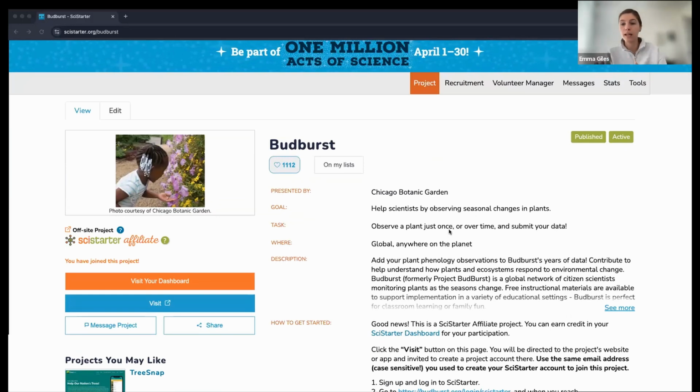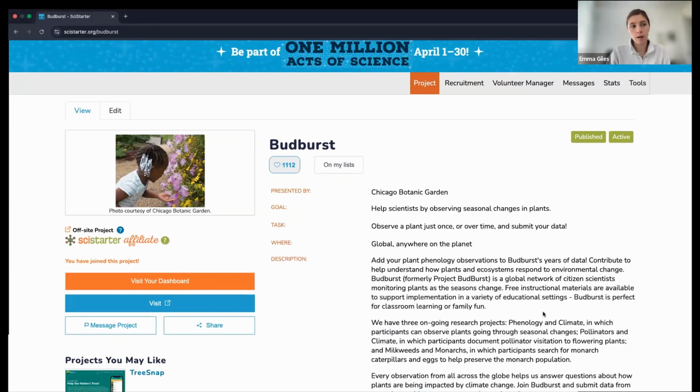So you're observing plants, and just like on ISeeChange, you can also adopt a tree, like you pick out a tree and just observe it over a long period of time. So you can see how the phenological changes happen over time and specify dates of like the first bloom and whatnot. Budburst, that's its only job for the most part. You're just documenting plants all the time, and how they change.